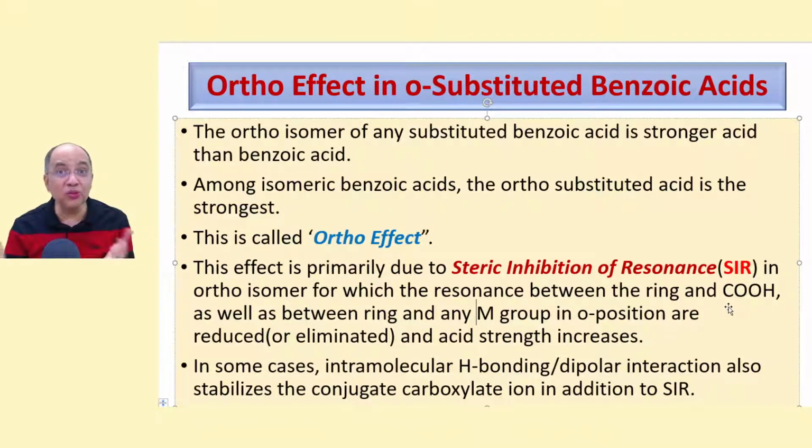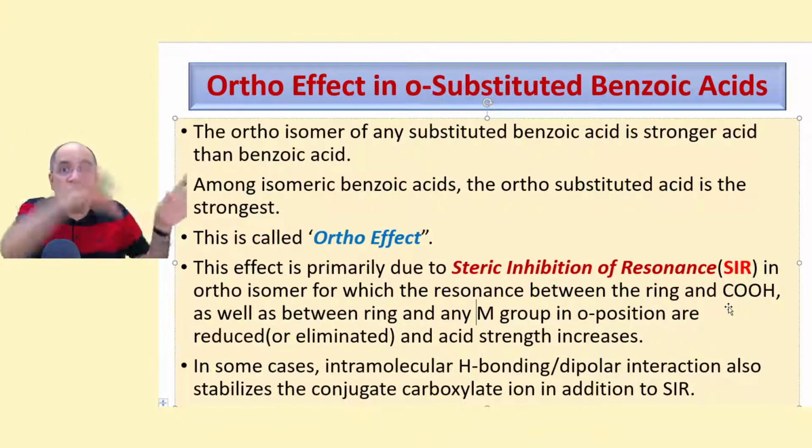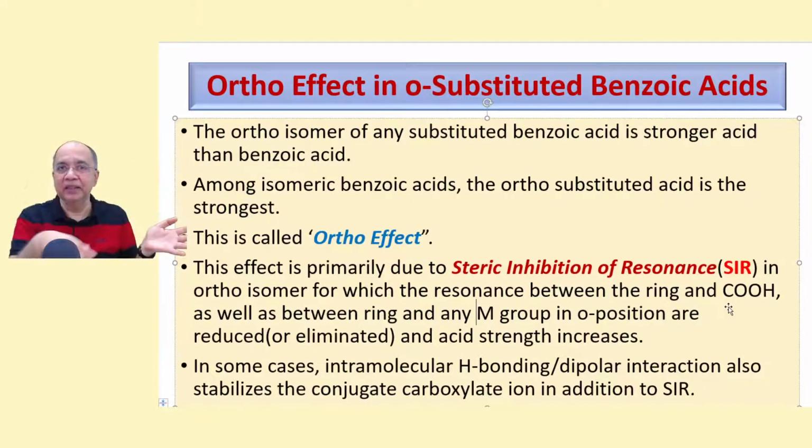Cross conjugation was responsible for some residual electron releasing nature that reduced the acid strength. If that is reduced or completely eliminated, then phenyl will have no such effect.